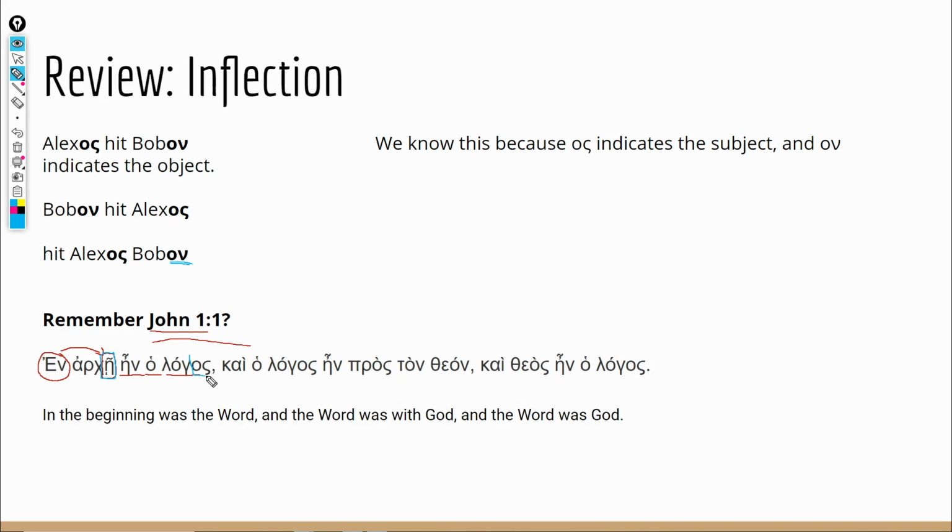Os, we see up here, right, indicates the subject. So this is kind of its own clause. Don't worry about anything over here. But if you were just to take this, you have two nouns, you say, well, who is doing the action in this clause? Is it the beginning or is it the word that is doing the action? You have to identify which is the action word, which is ein.